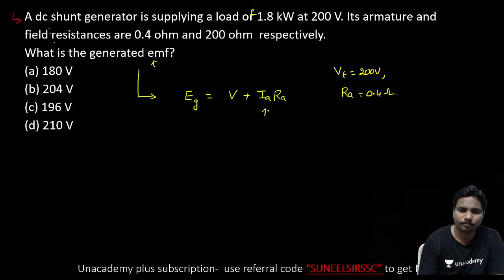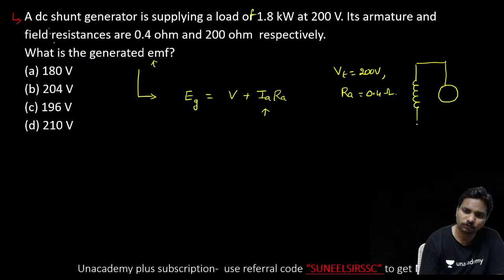We require IA. In case of a shunt generator, it is a self-excited generator. This is the shunt field, this is the armature. From the armature we are getting current IA, and this is the shunt field resistance RSH. Here it is RA, going to the load.